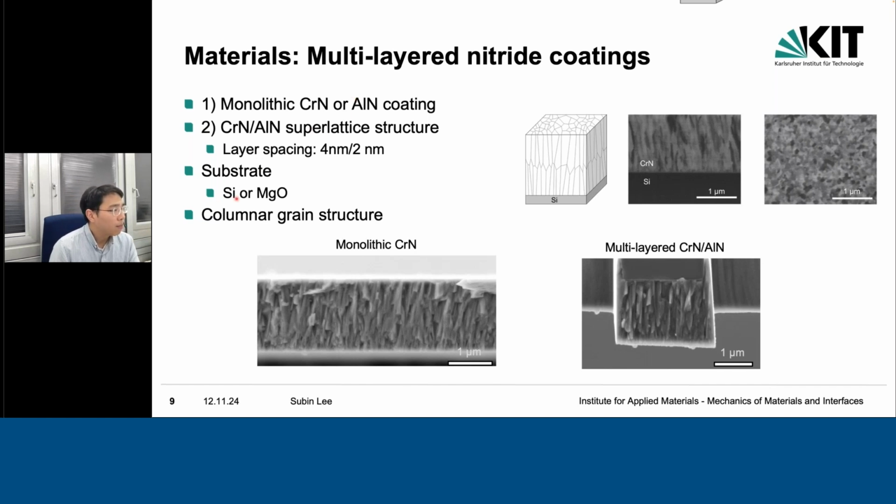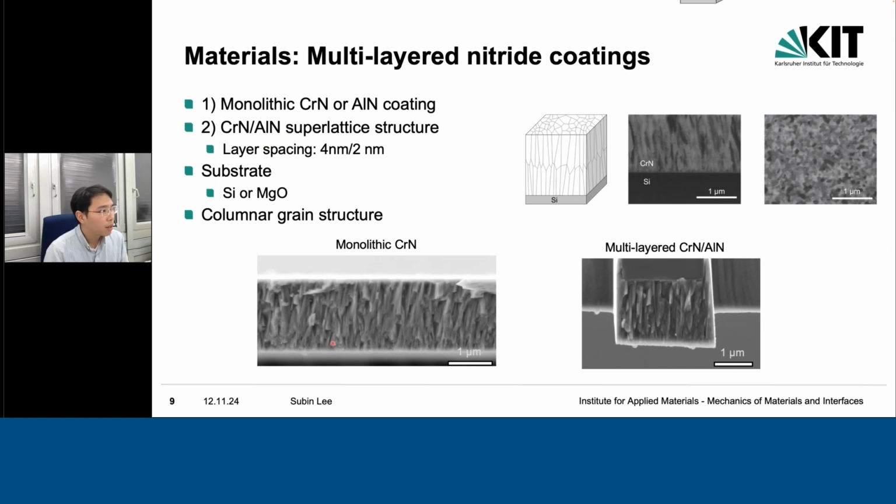We grew them either on a silicon substrate or an MgO substrate. The second sample is a chromium nitride and aluminum nitride multilayer structure with a layer spacing of 4 nanometers and 2 nanometers.